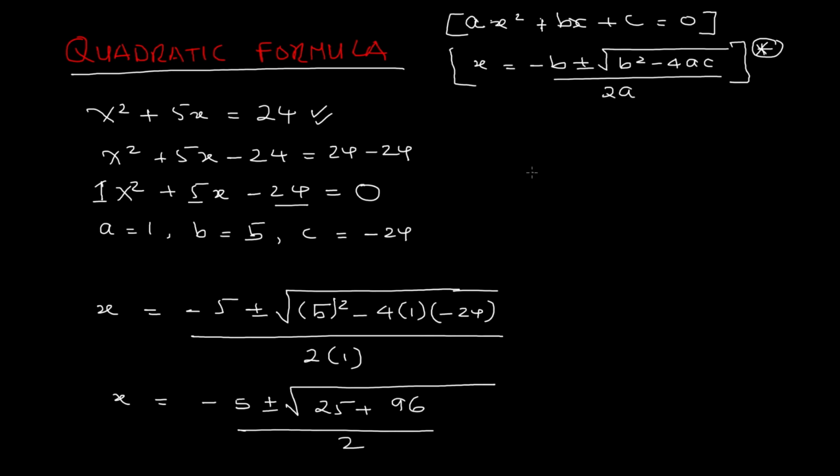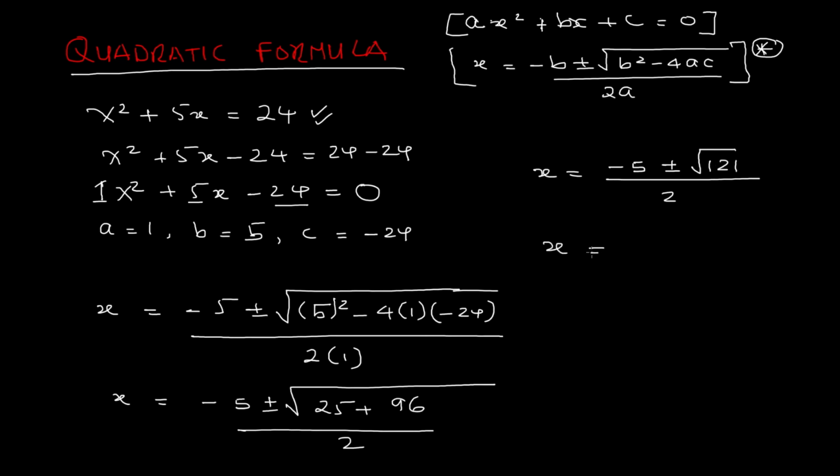So we continue here. What do we get here? We still get our 2, not 2A, and then we still get our minus 5. Then we get plus or minus square root of 121.